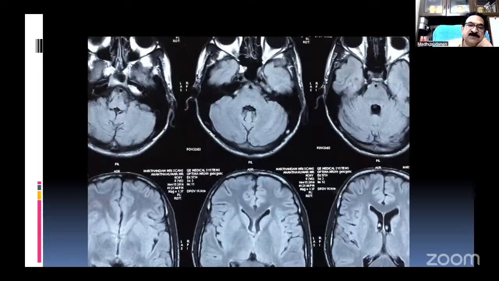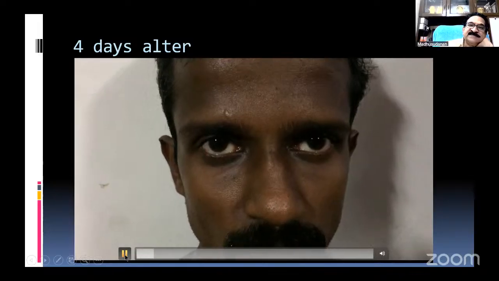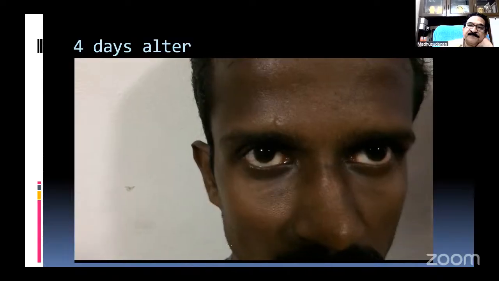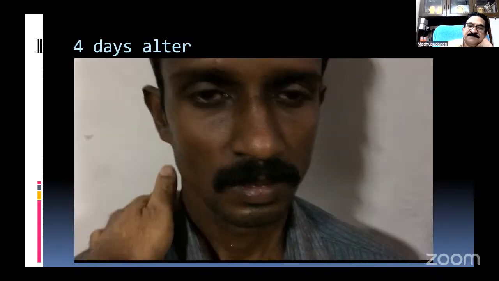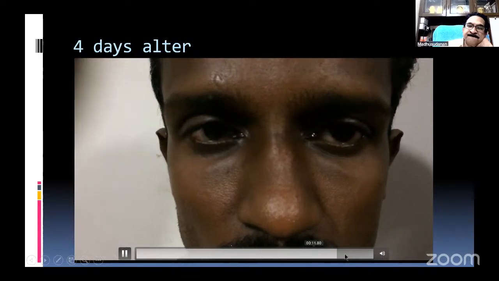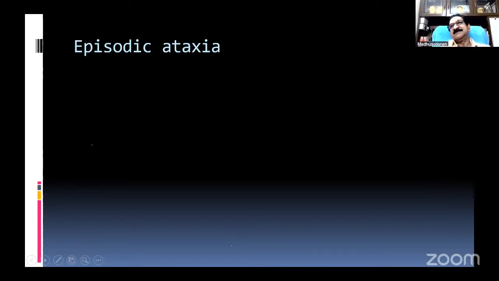In this case, I didn't do the genetic test or anything. 4 days later, again, he had recurrence, and nystagmus started appearing. Okay, so that's the story.